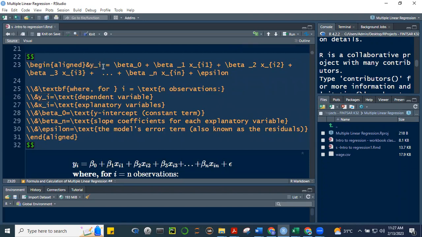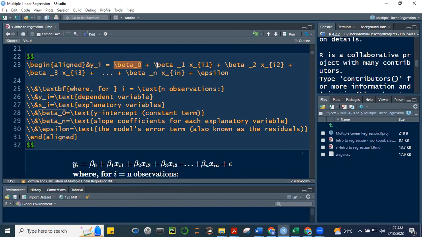In your take-home exams, you need to learn some of this, but not all. For example, you need to learn how to write beta sub 0. If you're writing a Greek letter, it's backslash beta, and then the subscript is underscore 0. So this one is beta sub 0.